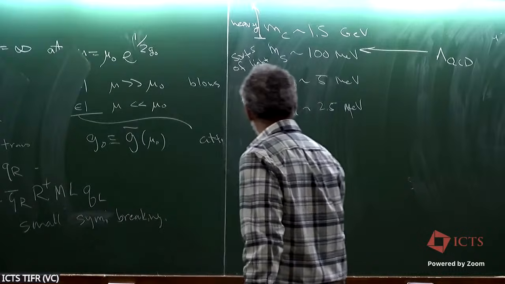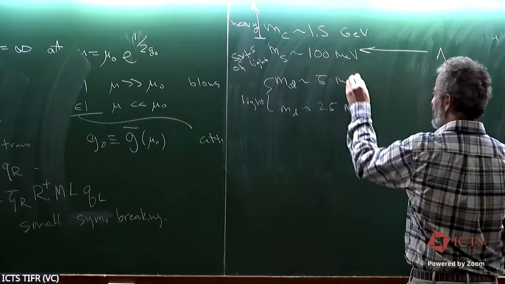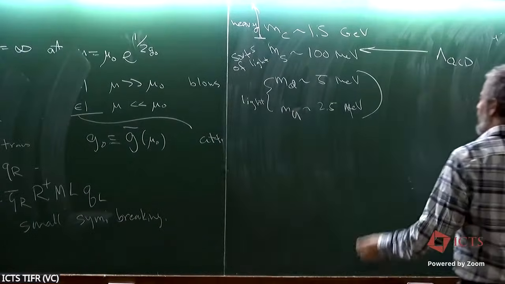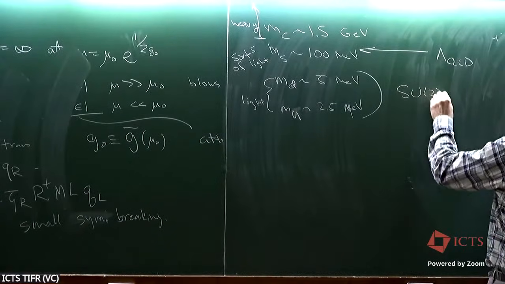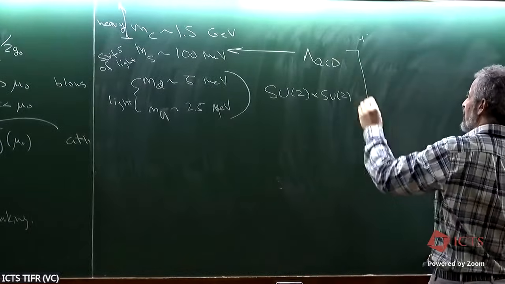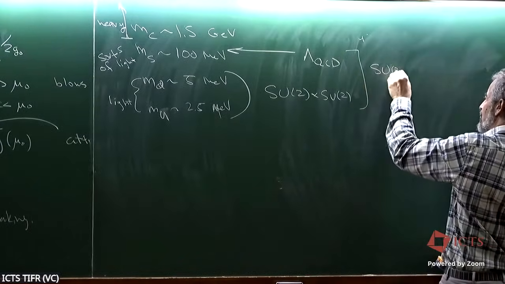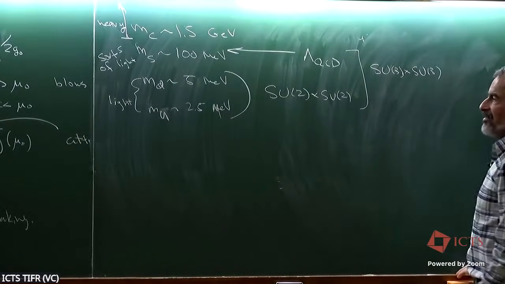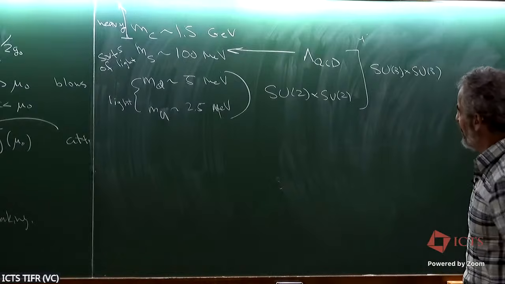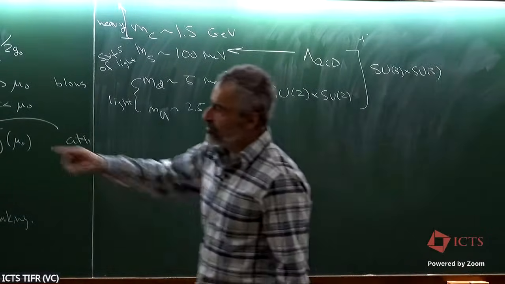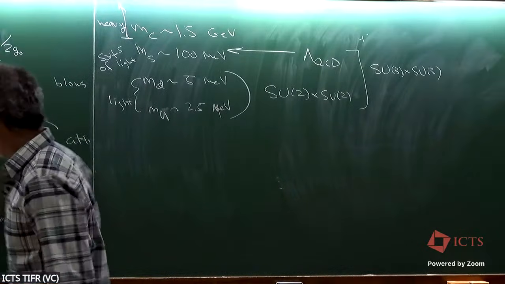So if we take just these two, then we have SU(2) cross SU(2), or if we take this one, it's SU(3) cross SU(3). And that's the symmetry of QCD, and it's approximate because it's broken by the masses. But then it's spontaneously broken by the condensate.